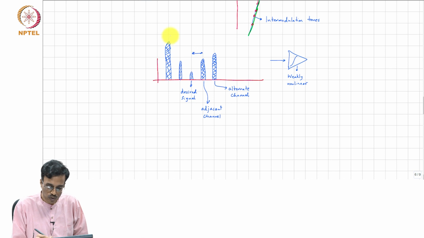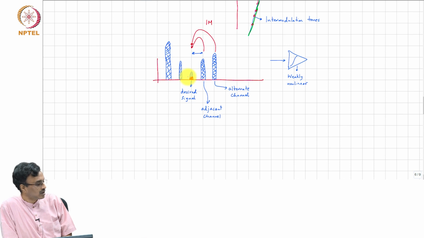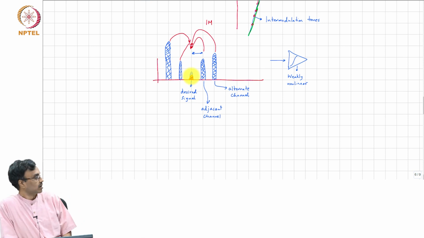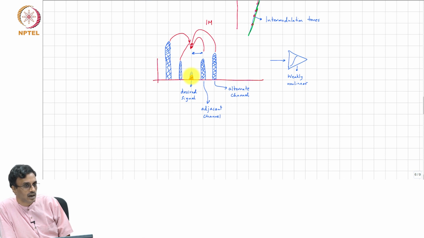Well, the adjacent and the alternate will intermodulate and cause some junk here. Similarly, these two will intermodulate and cause another signal which directly falls on the desired signal, right. So our desired signal can get terribly corrupted by intermodulation distortion from alternate and adjacent channels.